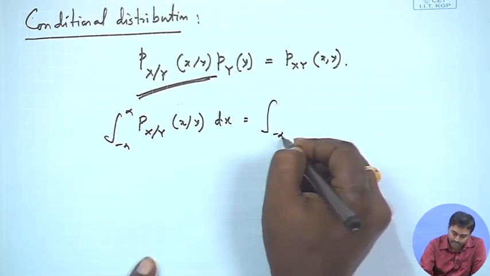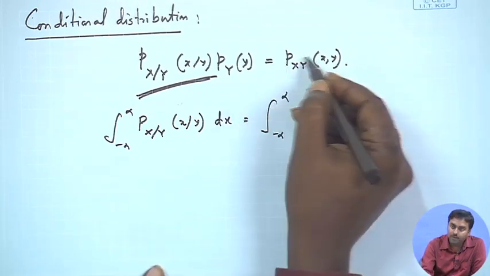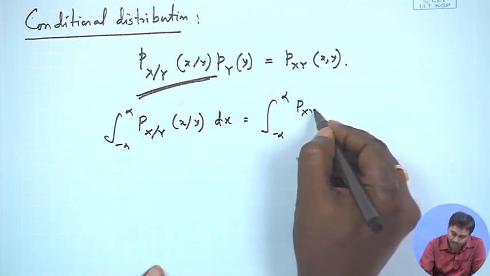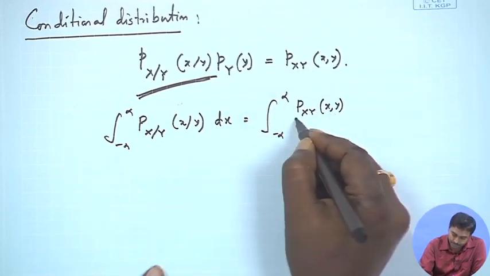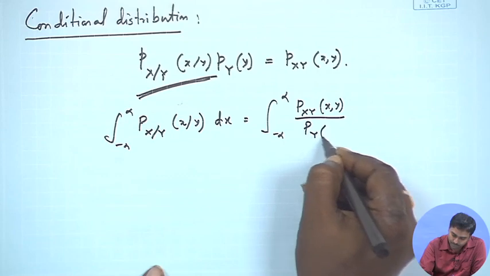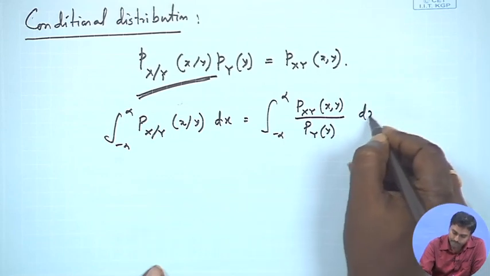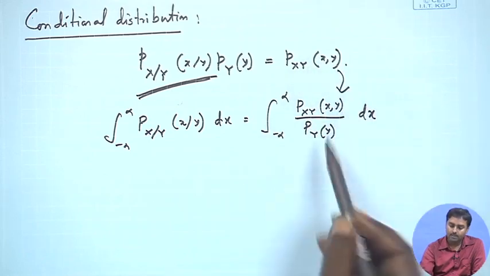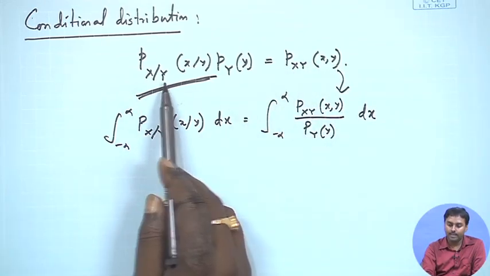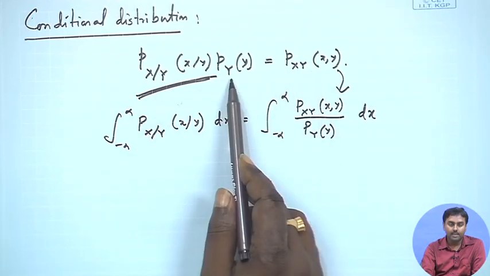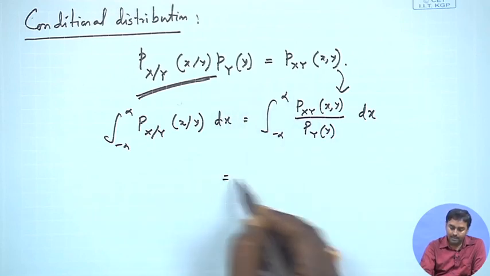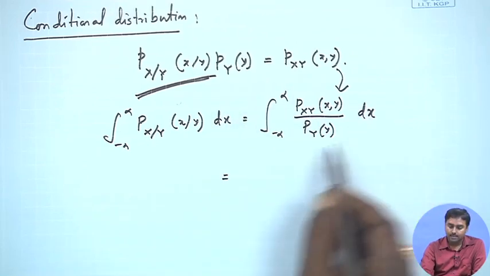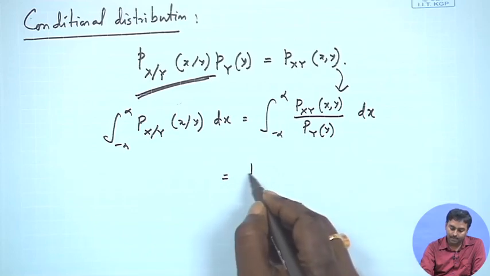I can write this from the formula: p x given y is nothing but p x y divided by p y. This is the integration over x. So, y has nothing to do with it, I can take that out.